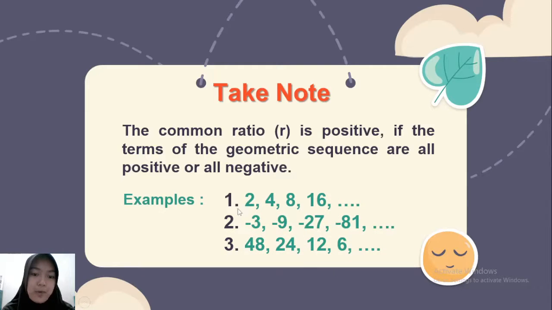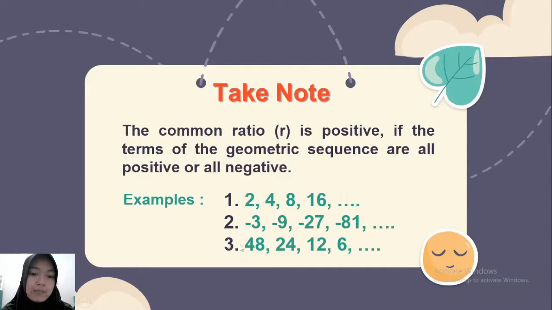Examples. Number 1: 2, 4, 8, 16, and so on. These are all positive. Item number 2: negative 3, negative 9, negative 27, negative 81, and so on, is all negative.